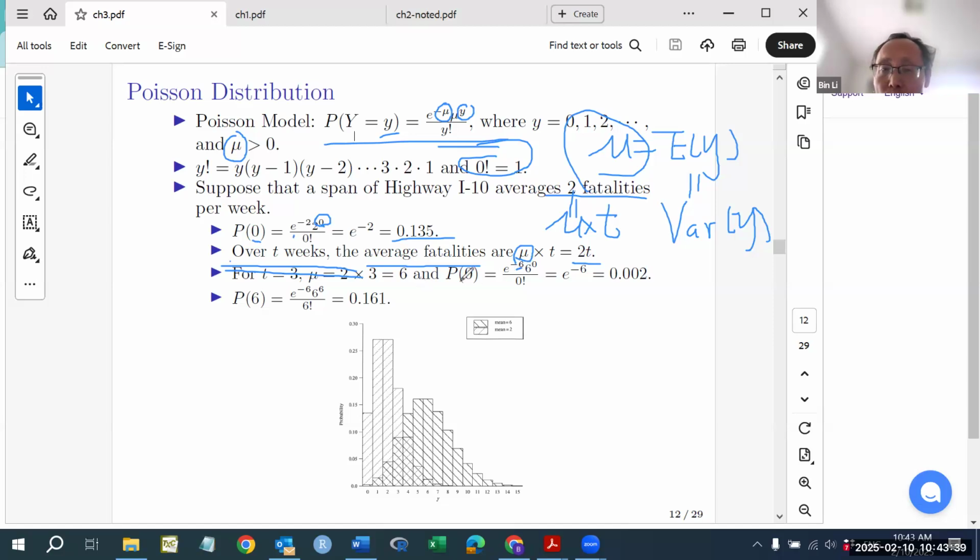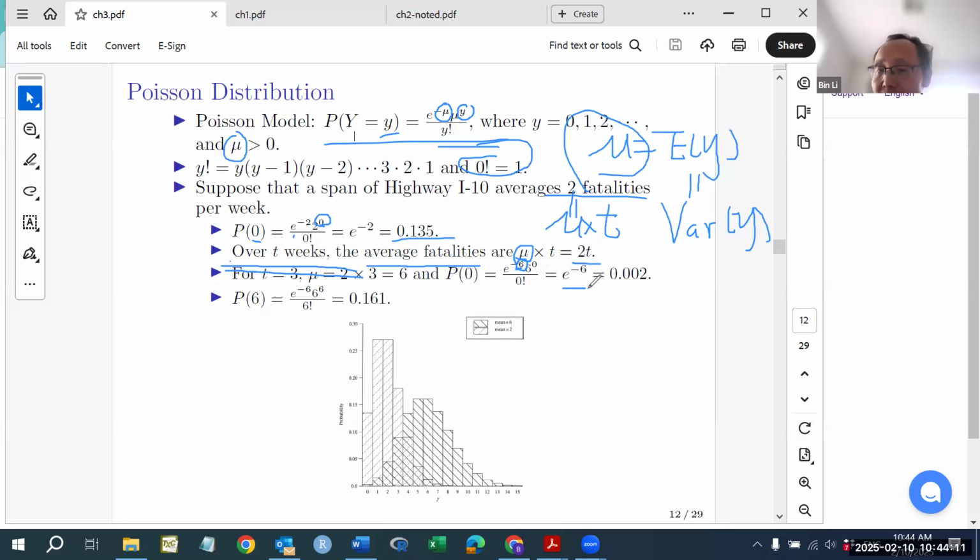So the probability of getting no fatal accidents over 3 weeks is the probability of y equals 0, equal to e to the negative, not 2 anymore, but 6, because that's 3 weeks. So over 3 weeks, the expected number of fatalities is 6. Times 6 to the power of 0, over 0 factorial.